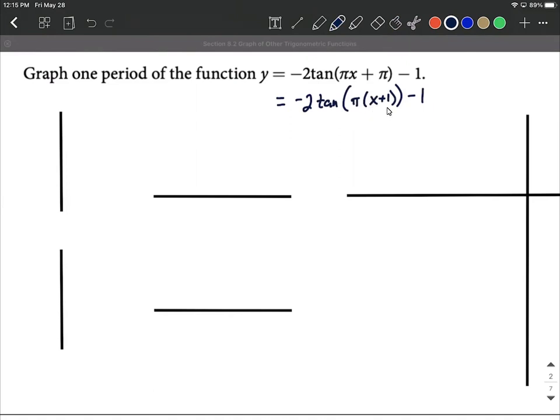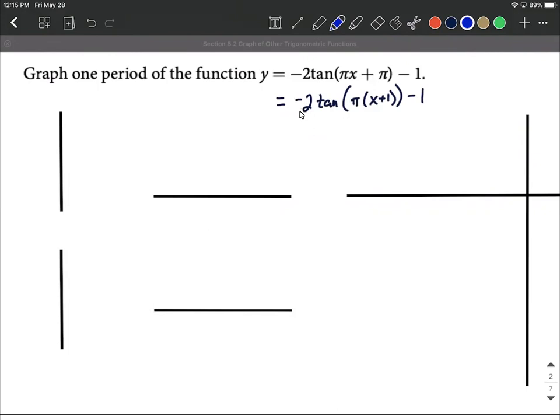Let's label these things. Multiples or additions attached to the outside of the function, to the entire function, affect it vertically. Multiples or additions attached directly to x on the inside of the function are going to be horizontal shifts. Let's go through one at a time and talk about what each component does to our graph.